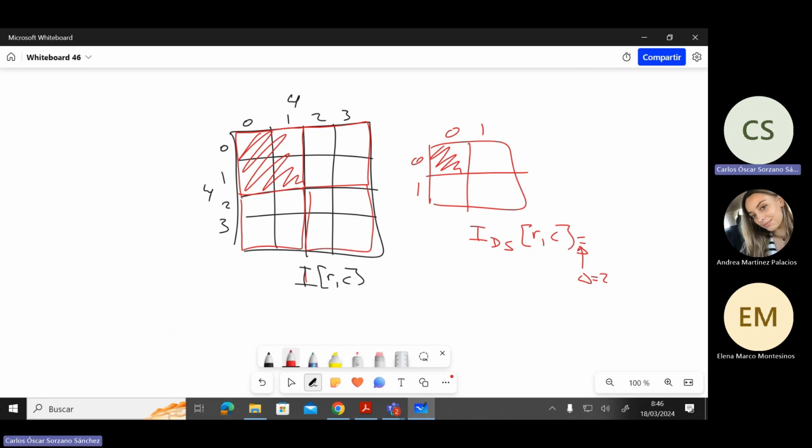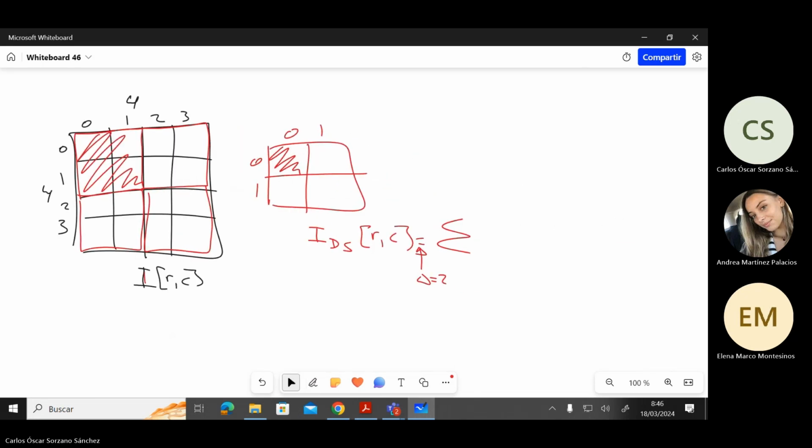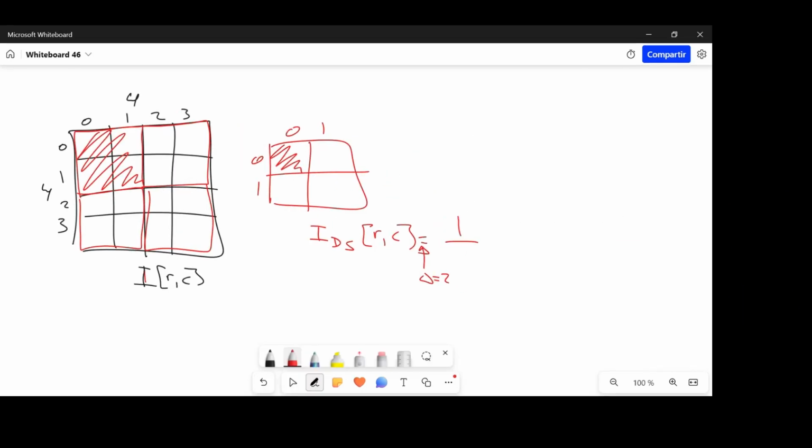So how do I express that average? It will be an average, and because we are making steps of delta, it will be 1 over delta squared times a sum over the black pixels, of the input image I at r, c.